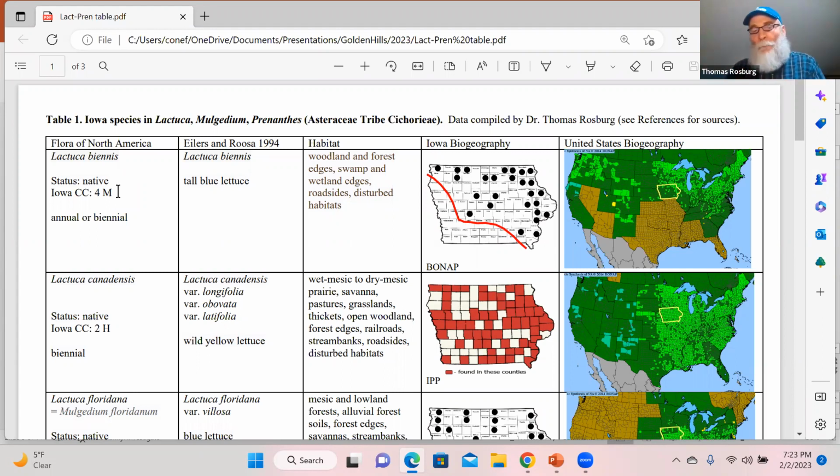We use this as a way of assessing plant communities and ecosystems. You get a plant list, a list of species for a site. You can figure out what the average conservatism is, and that tells you something about the quality of that site. So again, these are on a scale from 1 to 10.